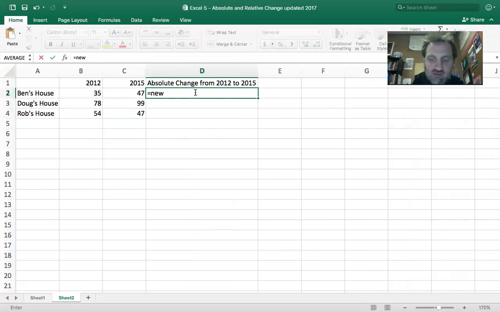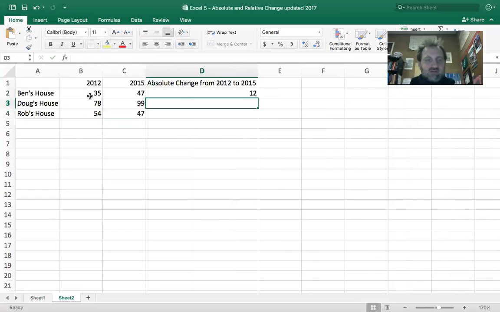Of course, new minus old means that I have to figure out which one of these is new and old. But given that there's time involved, it should be easy to identify that the older one is the older one. This 2015 value is the new value, and 2012 is the old one.